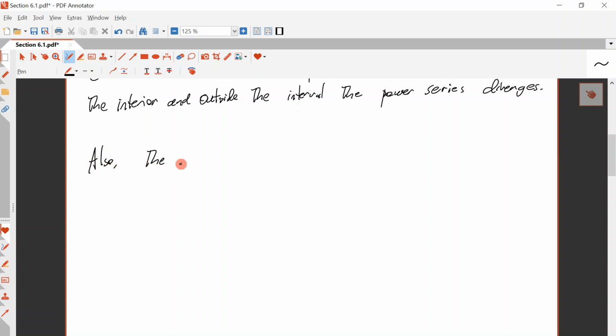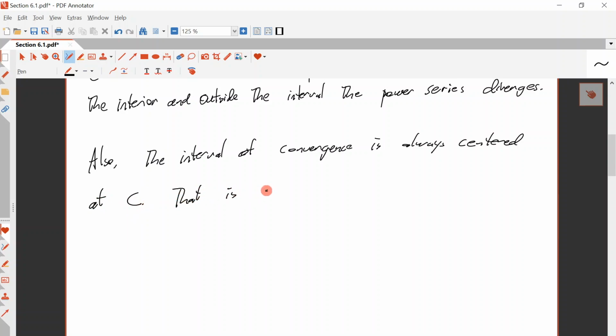Okay, the interval of convergence is always centered at c. That is, (b plus a) over 2 is equal to c, where a and b are the endpoints of that interval.